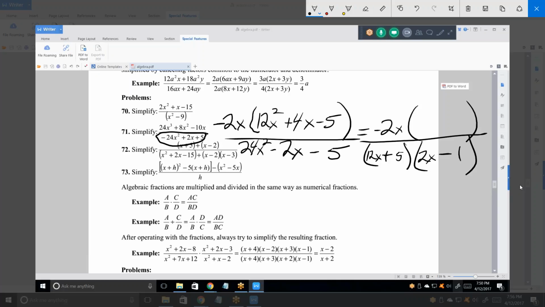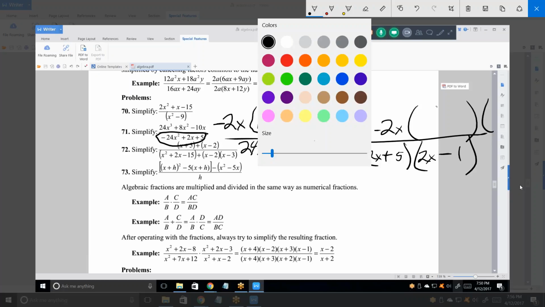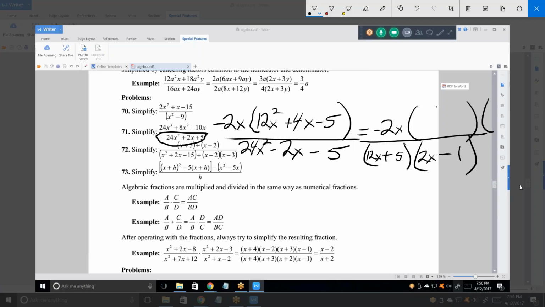Let me think for a minute how I'm going to produce a 4x. Now, if I do 6, hold on a minute, I need another parentheses here. Not even sure this thing factors, I'm just assuming that it does. Here, let me erase it so I've got room to write. All right.